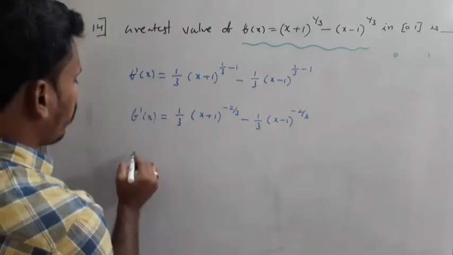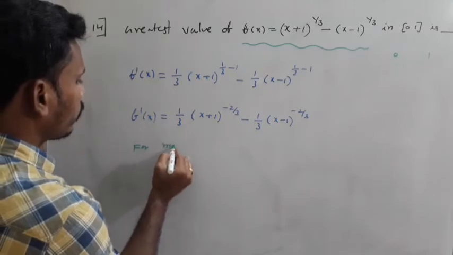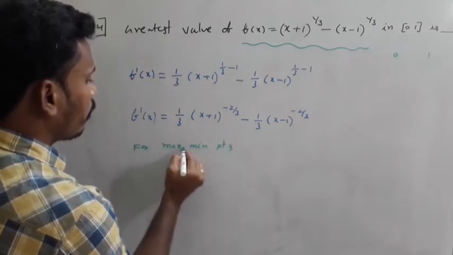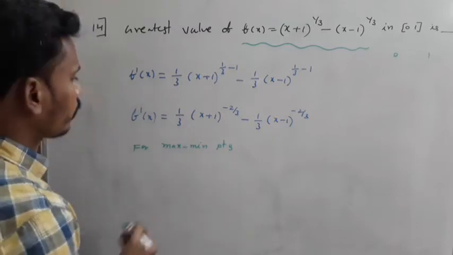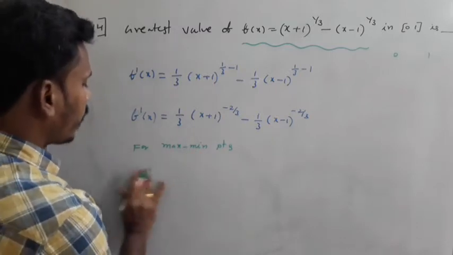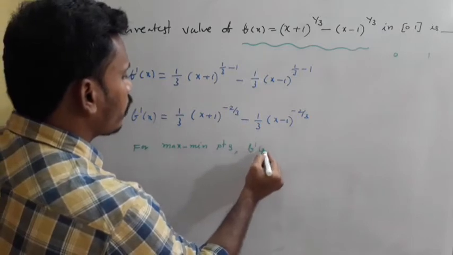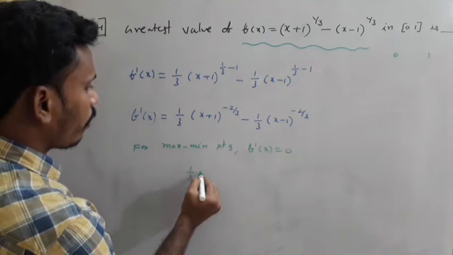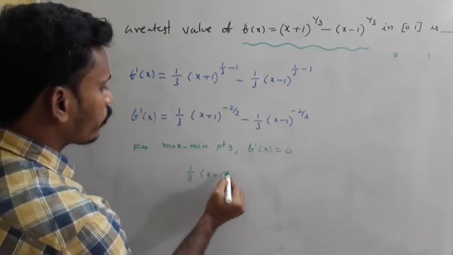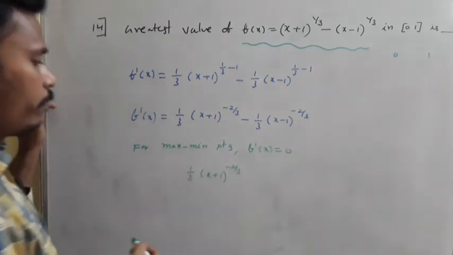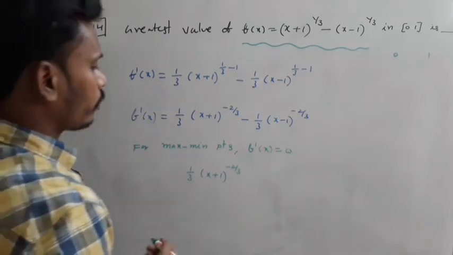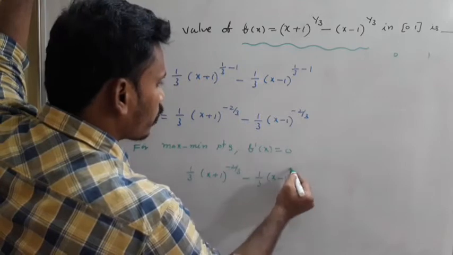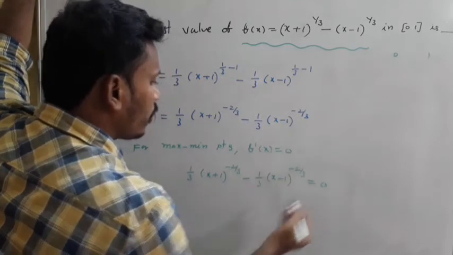And for maximum minimum points, what we need to say? For maximum minimum points, f dash of x equals 0, and f dash of x is this: 1 by 3 into (x plus 1) power minus 2 by 3 minus 1 by 3 into (x minus 1) power minus 2 by 3 equals 0.